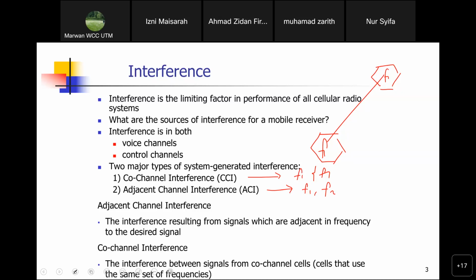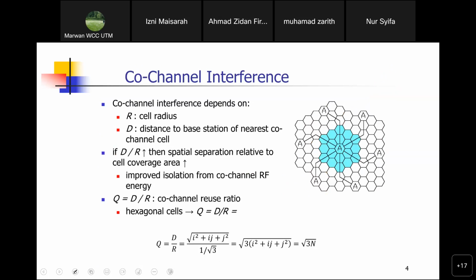Okay, so now let's look at the co-channel interference. This co-channel interference, because of our design, we can actually compute it. The way we compute it is we use Q, or D divided by R. This is also called the quality.